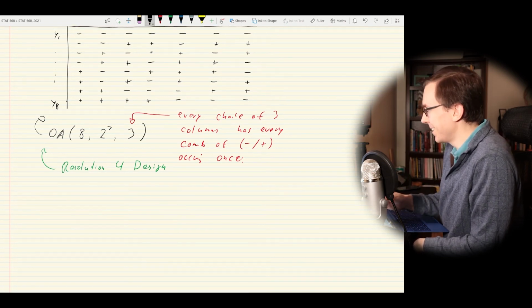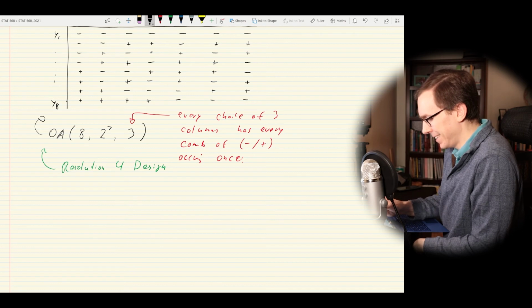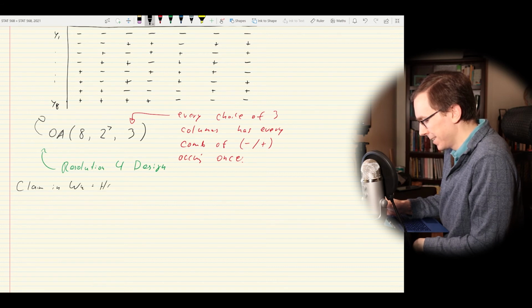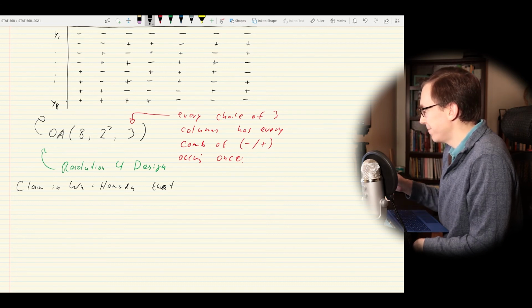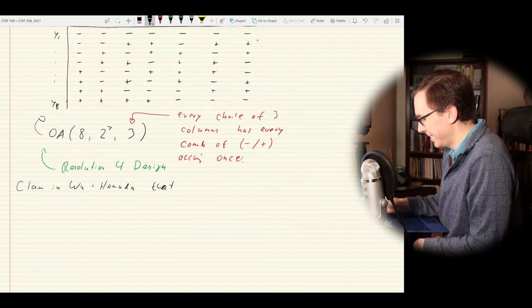Oh, that's right. Yeah, there was a claim in the text by Wu and Hamada that strength is equal to resolution minus 1.